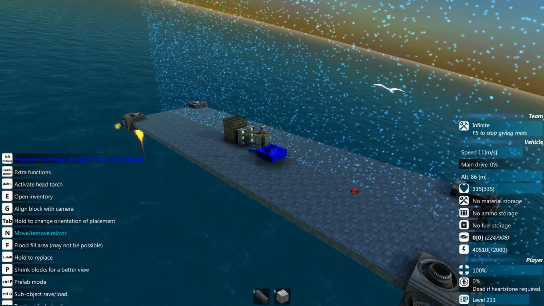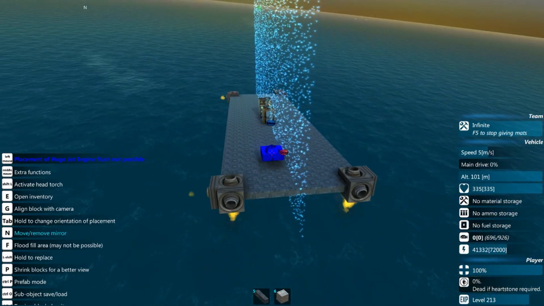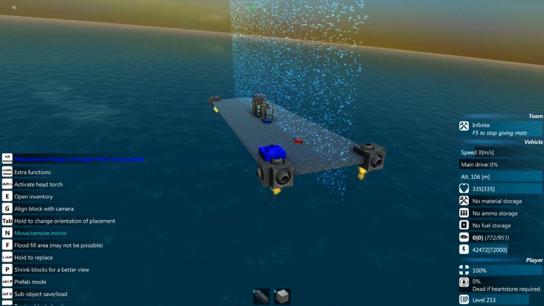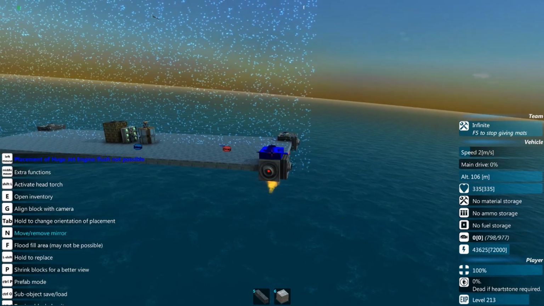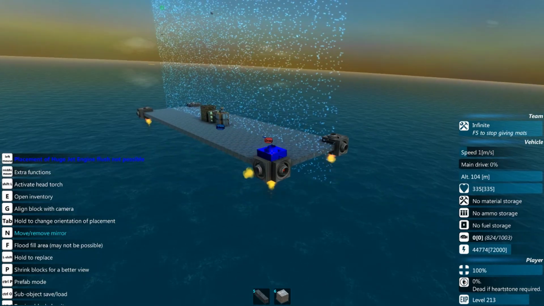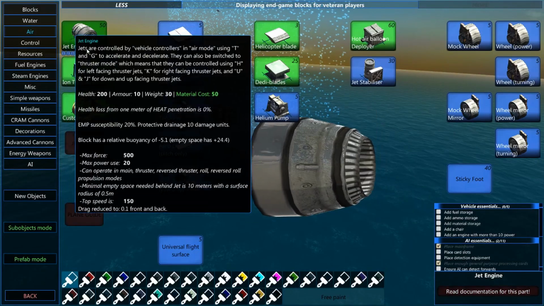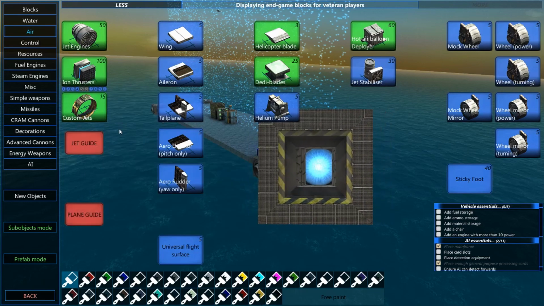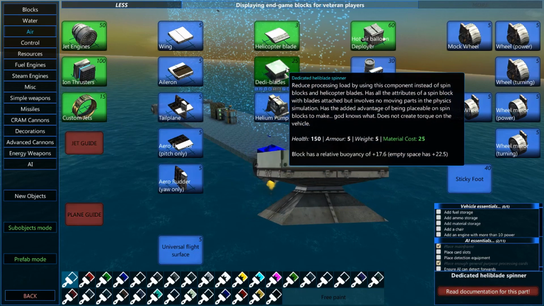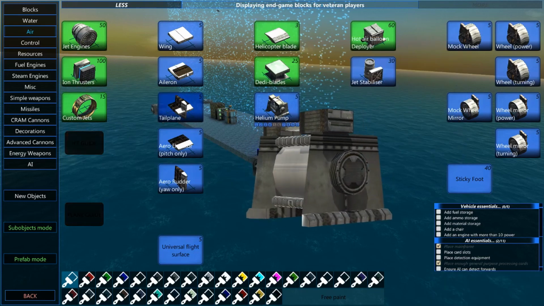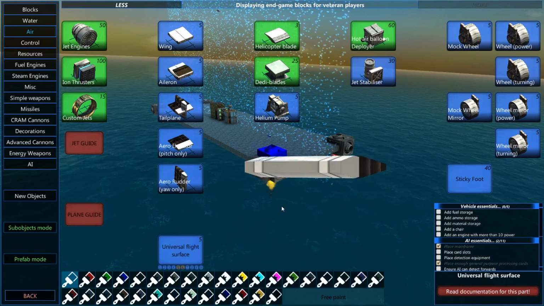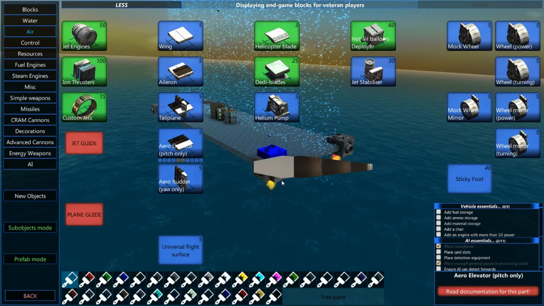The movement control UI is a very important topic when dealing with any sort of thruster. Now, this UI comes up when we're talking about jet engines. It comes up when we're talking about ion thrusters, custom jets, dedicated helicopter blades, tailplanes, ailerons, universal flight surfaces. This comes up everywhere.